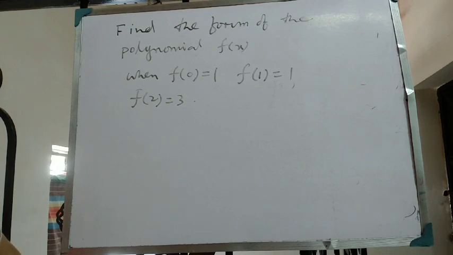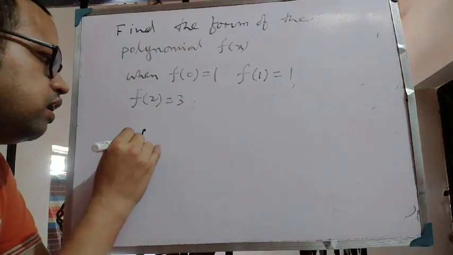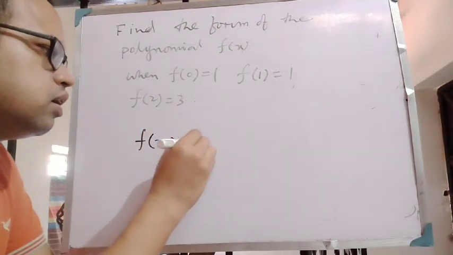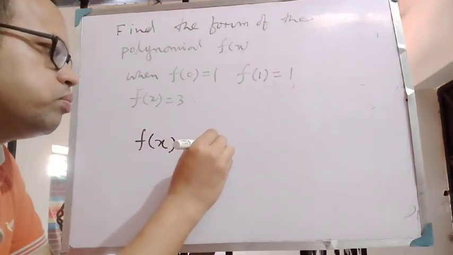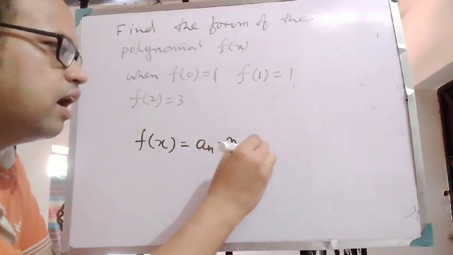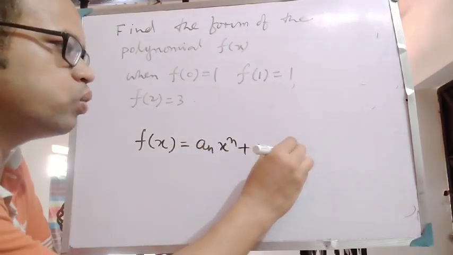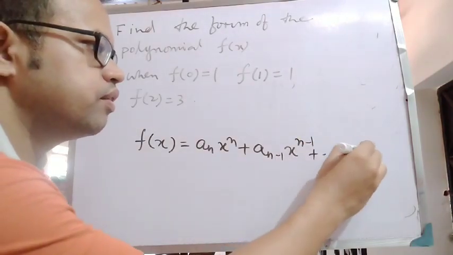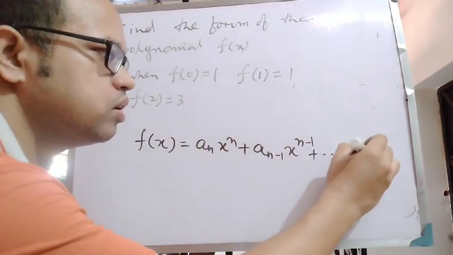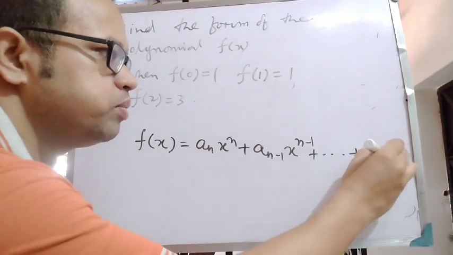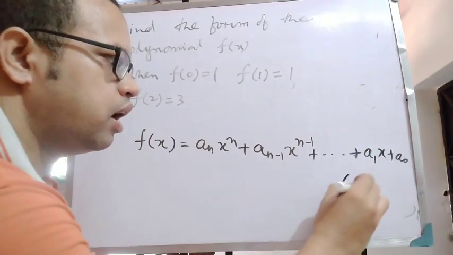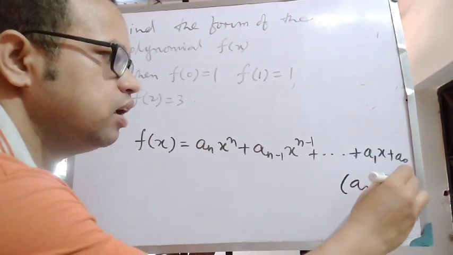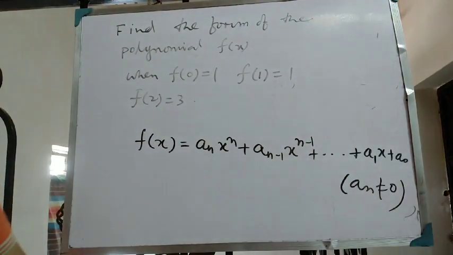One of the important things you have to remember, you have written an nth degree polynomial in x in this way. This is the very first topic of polynomial, and don't forget to mention a_n not equal to 0.